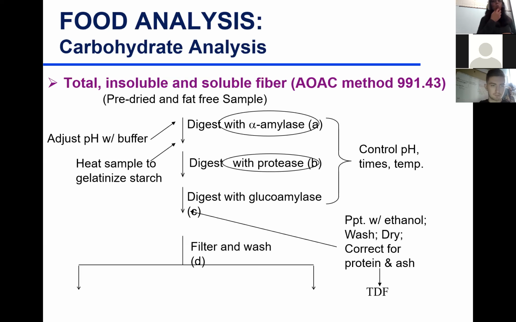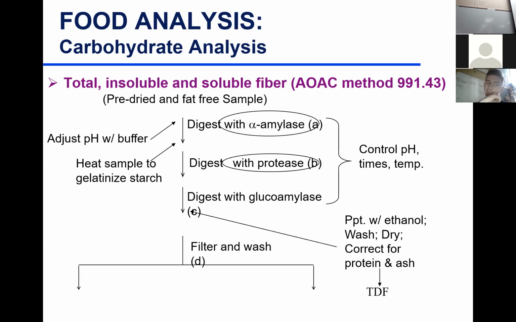So if I want to get total dietary fiber and I don't want to separate into soluble or insoluble, I can wash with ethanol. So the pectins and hydrocolloids will precipitate. Then I can filter at this point, dry, and correct for protein and ash, any residual protein or amino acids and ash that might remain with my fiber component.